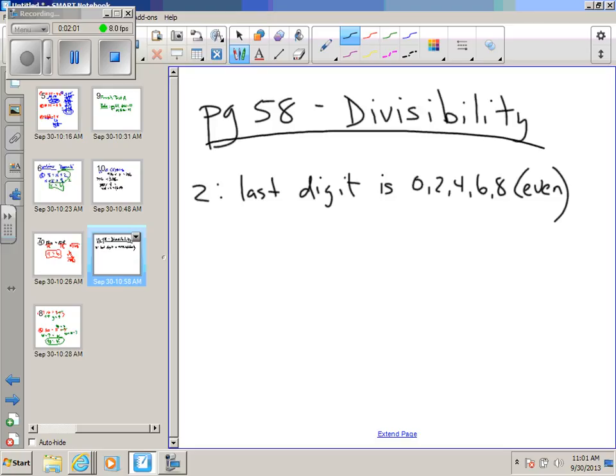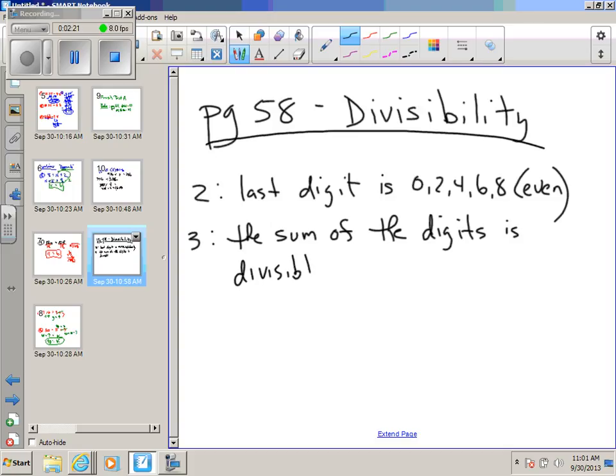There's a rule for 3. How do I know if a number is divisible by 3? We're going to have to spend a little bit of time with this one, but get that definition down.